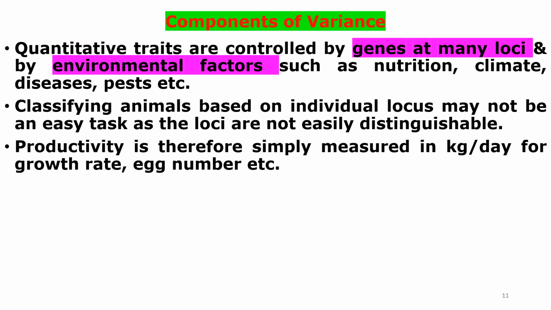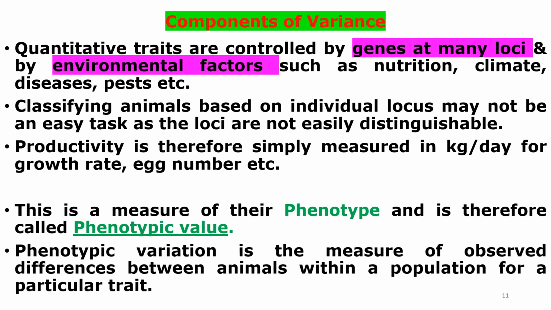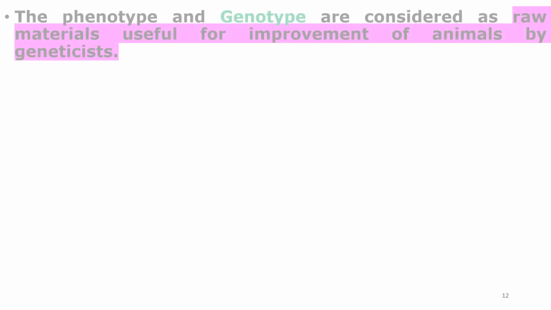When we want to quantify the productivity of animals, we simply do that by measuring what we're interested in, and this could be in kilograms per day or growth rate, for example, or the number of eggs that are produced. So this is a measure of their phenotype, and we therefore call this their phenotypic value. Phenotypic variation is the measure of observed differences between animals within a population for a particular trait.